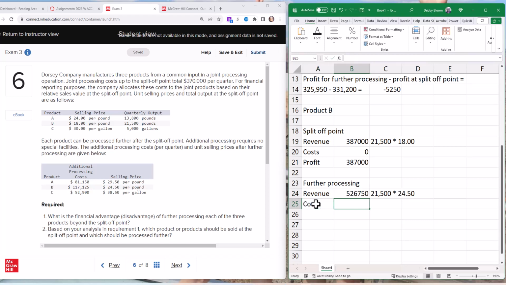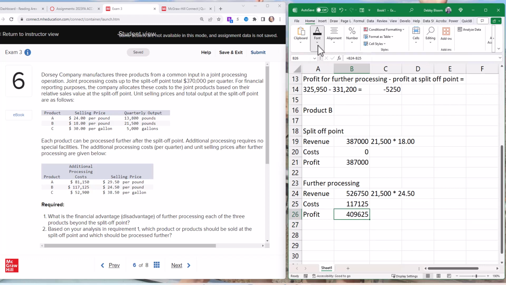So basically this problem asks, is it worth it to spend $117,125 to raise the selling price by $6.50? Well, this analysis will give us the answer. So to take our profit, we're going to have our revenue from further processing, subtract our costs, and we see that we have now 409,625.